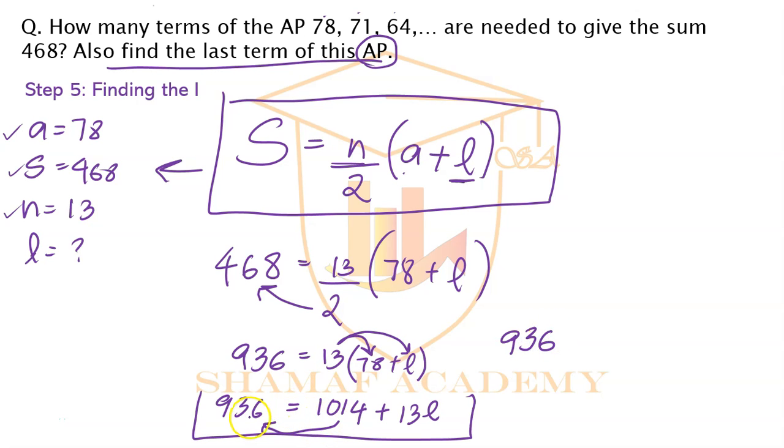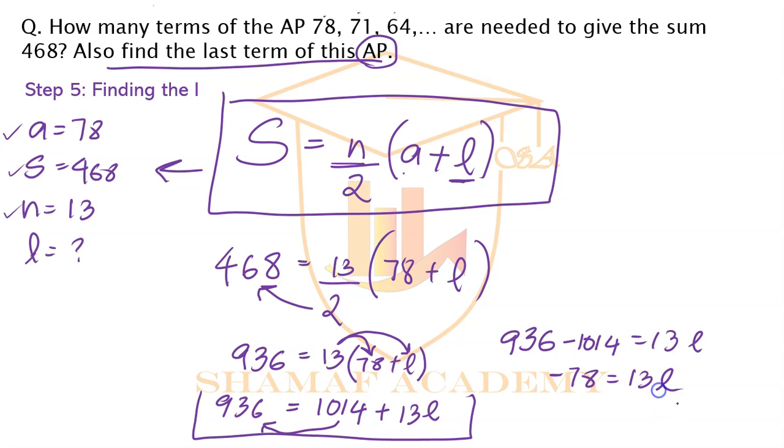When 1014 is moved to the other side, it becomes negative. So negative 1014 equals 13L. Pause this video and calculate this and see what answer you get. And I hope you have paused it. Our answer is going to be negative 78 equals 13L.